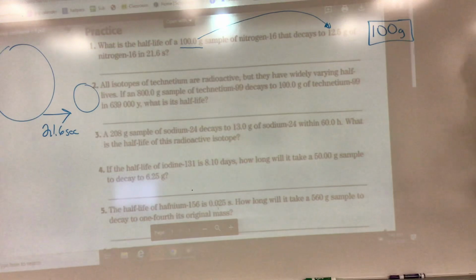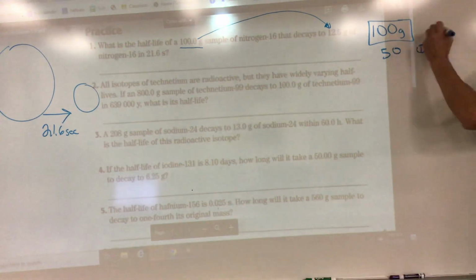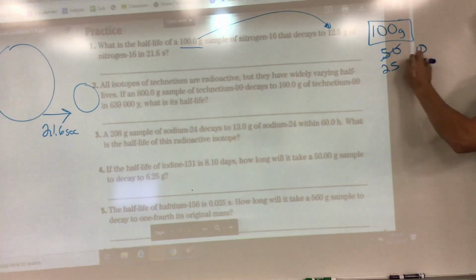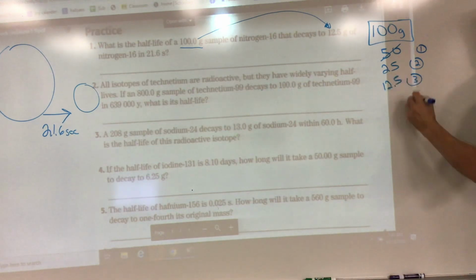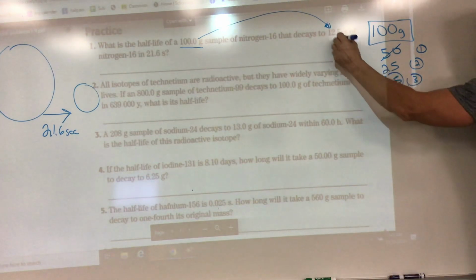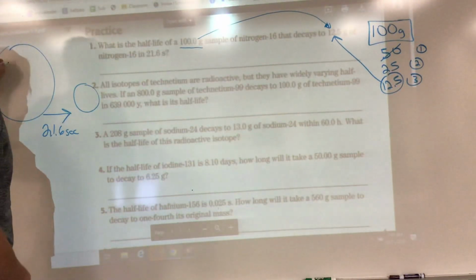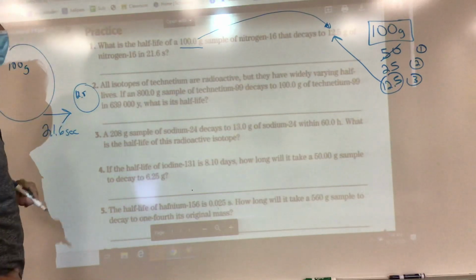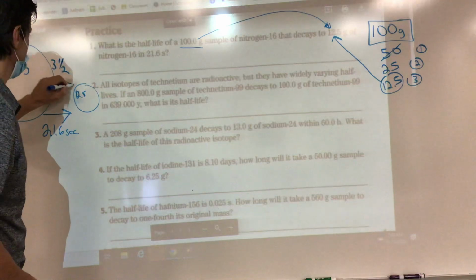So the first half-life obviously goes to 50, and then another half-life makes it 25. Then the third half-life goes to 12.5, which is what we are looking for. A little visual aid there, making it easier whether you need it or not. So I know that it took 3 half-lives to get to here.